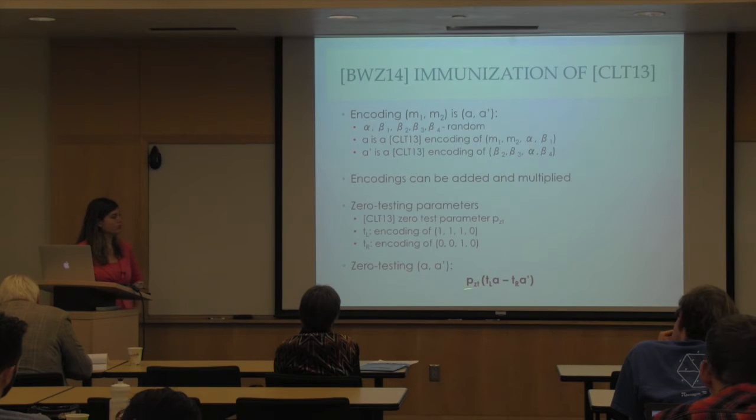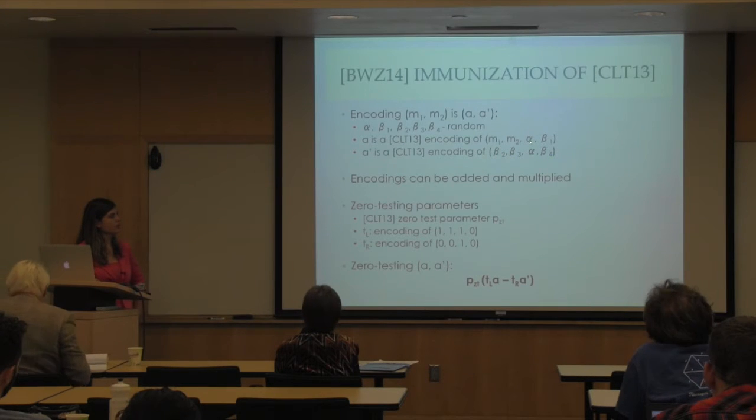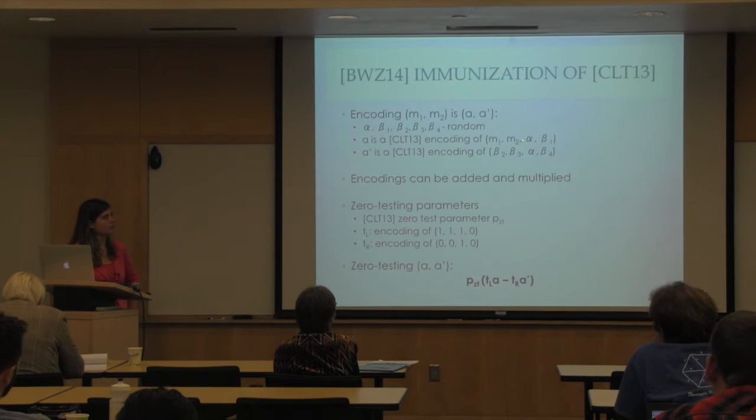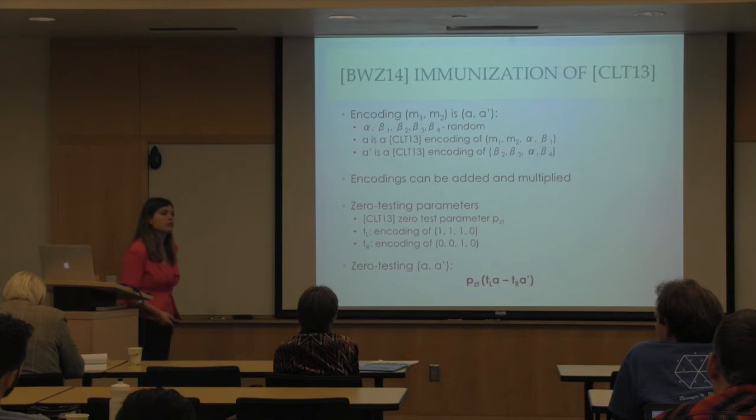And then we will subtract the results. Subtracting the results, we have canceled all the betas here. When we subtract, we cancel the randomness component in this position. And we will end up with an encoding that has in the first 2 components M1 and M2, and the last 2 components will be 0. So now we can zero test using the original CLT zero test.